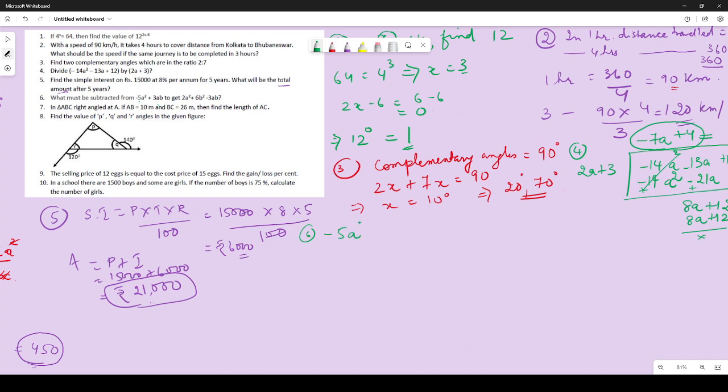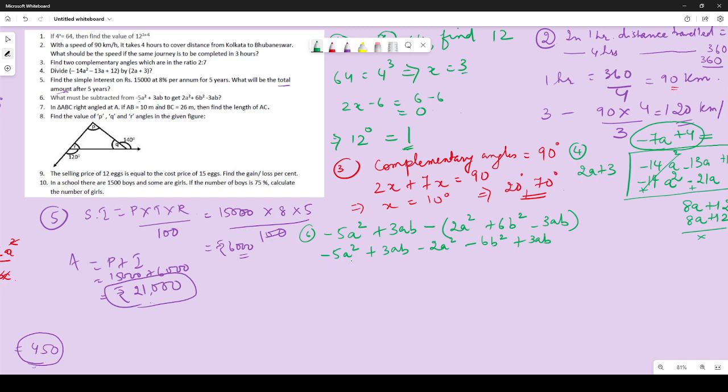Minus 5a square plus 3ab minus 2a square plus 6b square minus 3ab. Now you open up this bracket and what do you get? Minus 5a square plus 3ab minus 2a square minus 6b square plus 3ab.